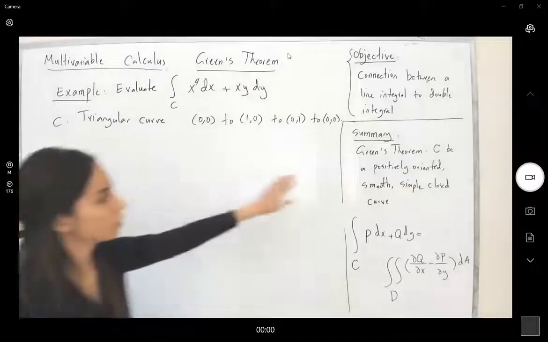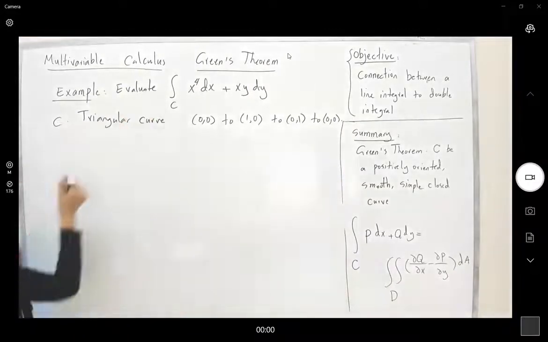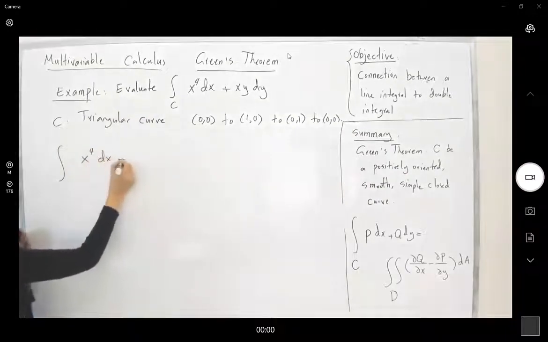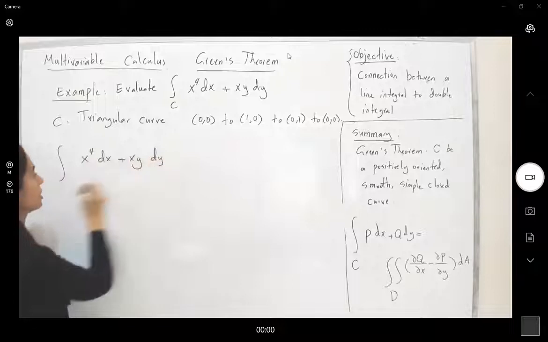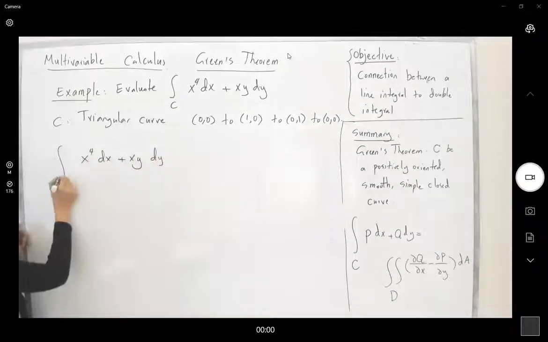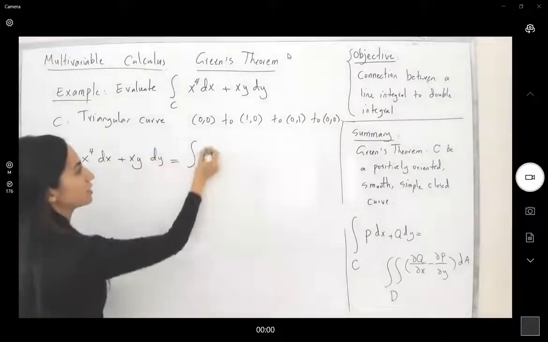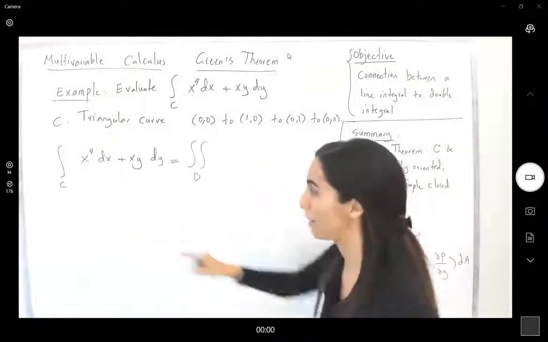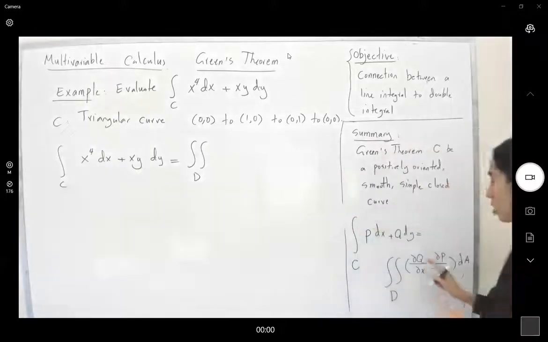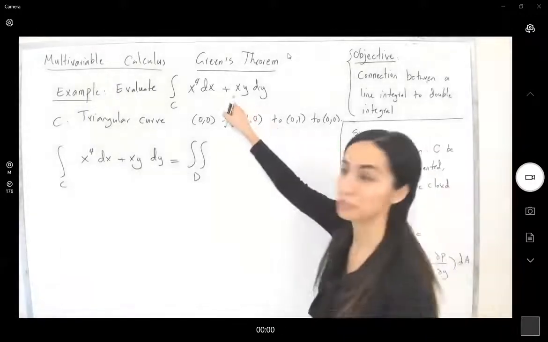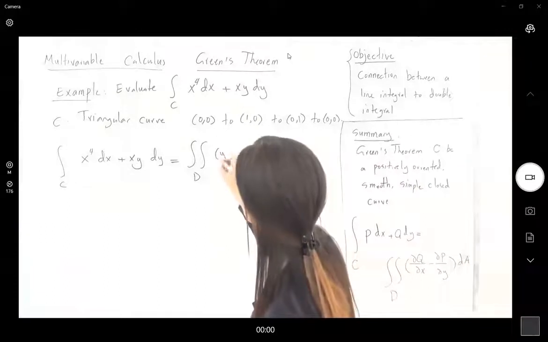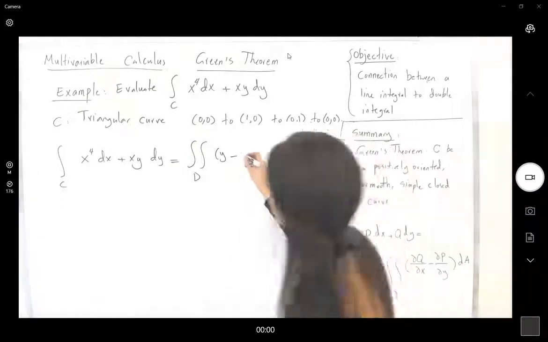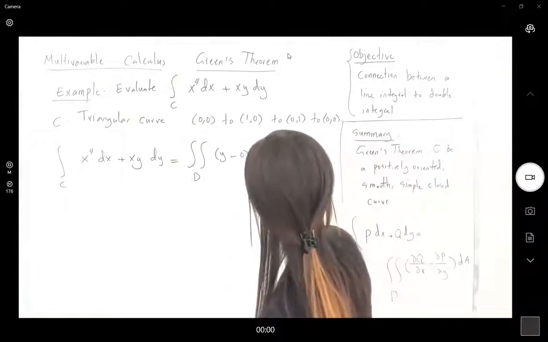Very well. So here you have a line integral. Your line integral can be converted into a double integral using Green's theorem. This is equivalent to saying that we have a double integral over region D with boundary C, of the partial derivative of Q with respect to x, which is y, minus the partial derivative of P with respect to y, which is 0, dA.